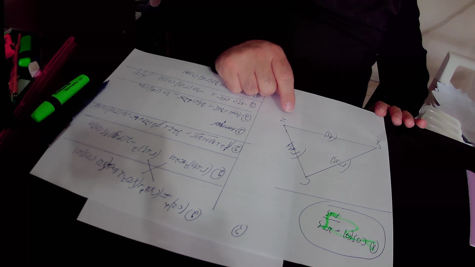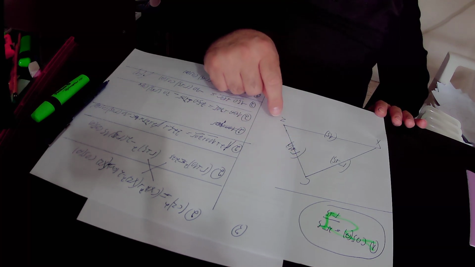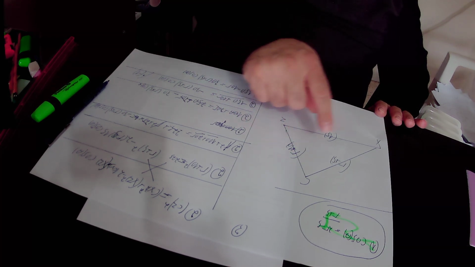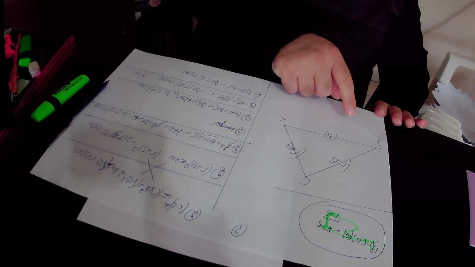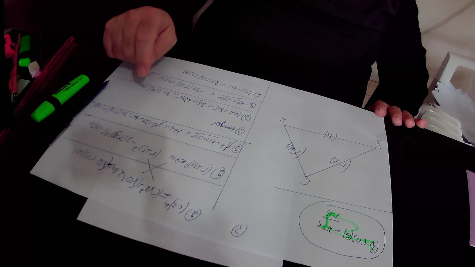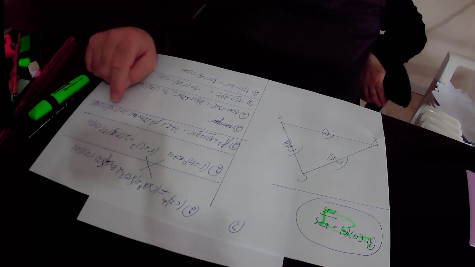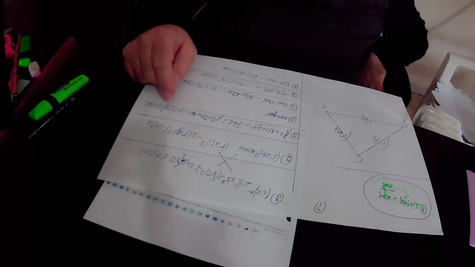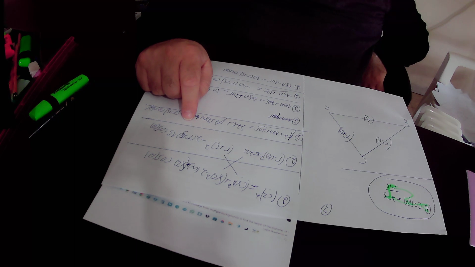So according to the law of cosines, we get that CZ squared equals CX squared plus XZ squared minus 2 times CX times XZ times cosine theta. This is equation number 2. CZ is R plus 10, so CZ squared is R plus 10 squared, and it equals CX squared.